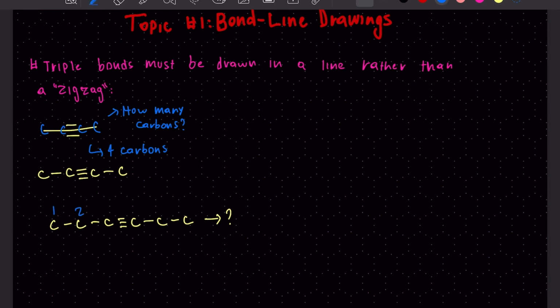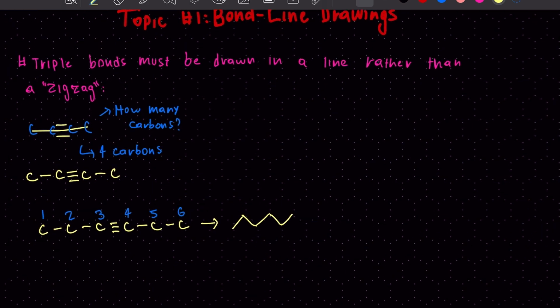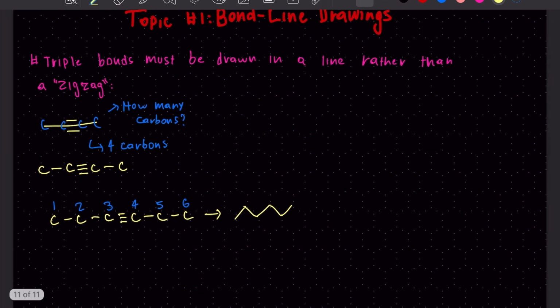We can again start by counting our carbons. And we can see we have 6 carbons. You might be tempted to say that our bond line looks something like this. Since we have 6 carbons, and between carbon 3 and carbon 4, we will have a triple bond.